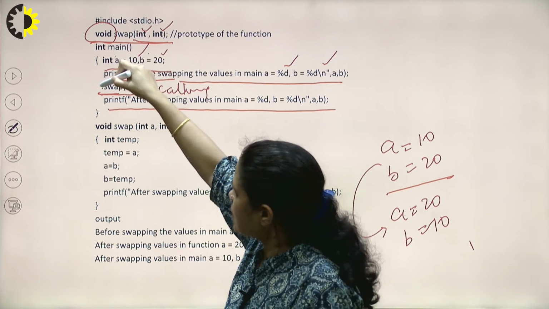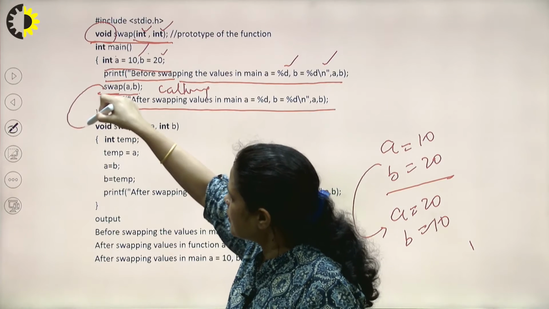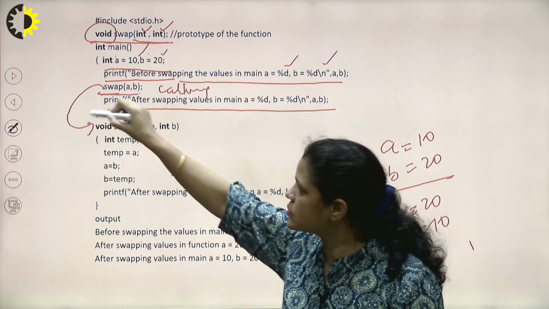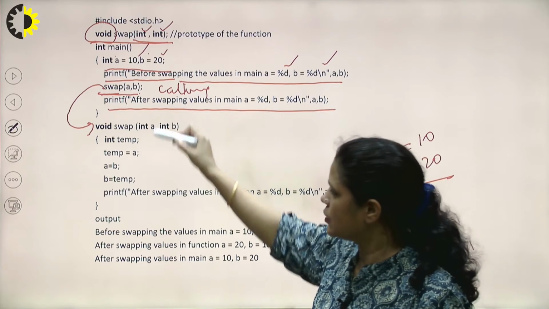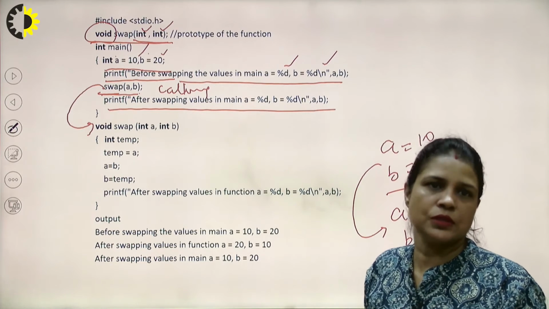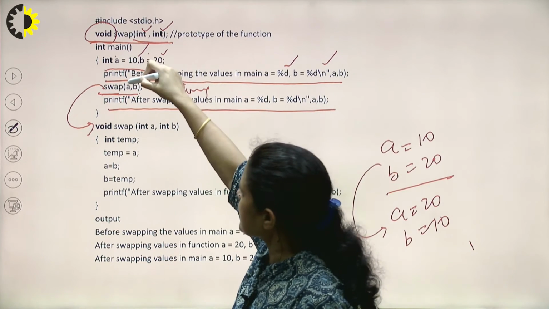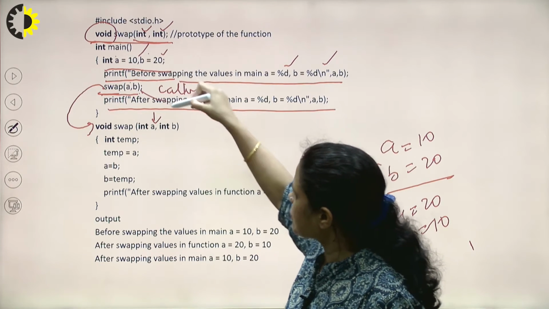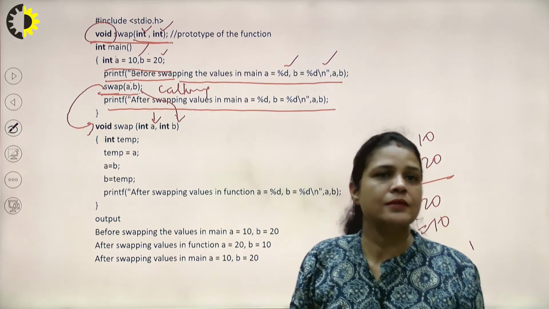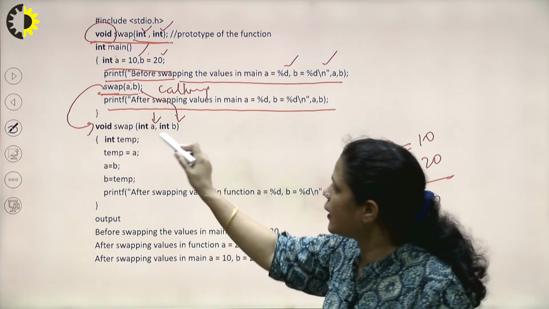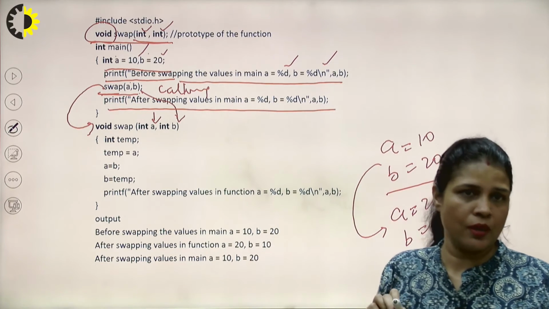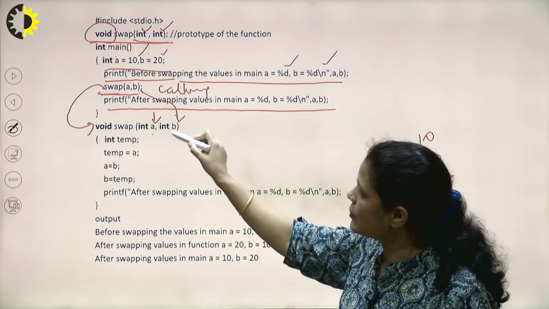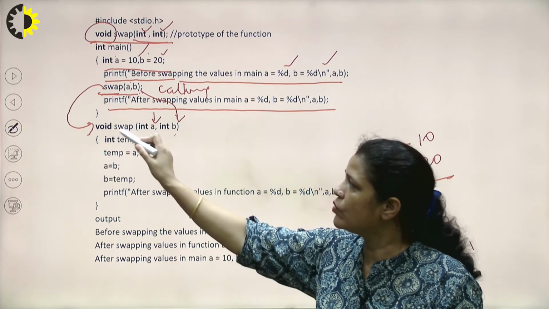When we call this function, our compiler's control will come here and the function definition will be executed, right? So the value of this actual parameter will be copied in this A, and the value of this actual parameter will be copied in this B. So this A and this B are known as formal parameters, and these formal parameters A and B are local for this function.